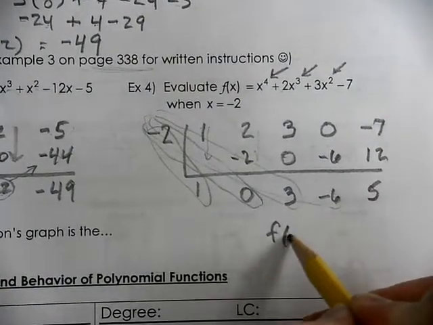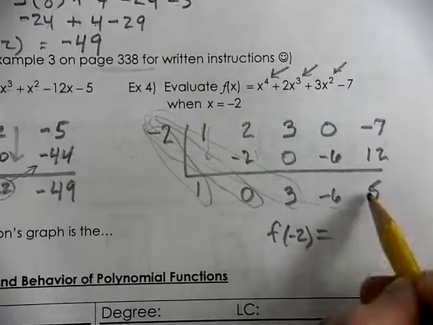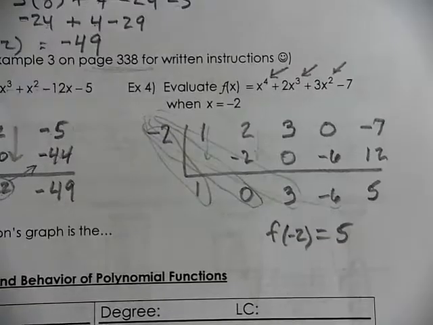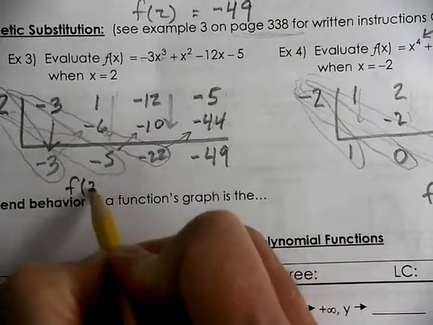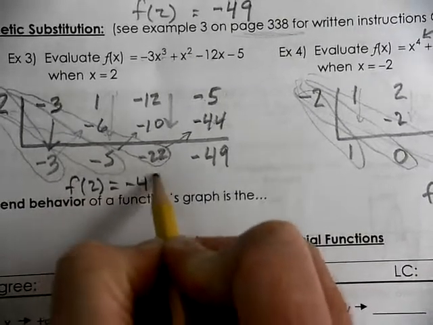So f of negative 2 is going to equal 5. Over here we could say that f of 2 equals negative 49.